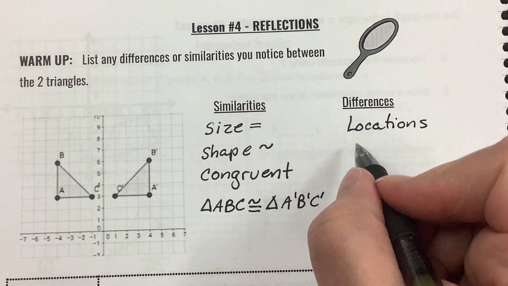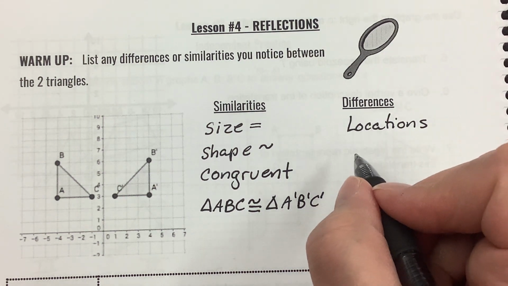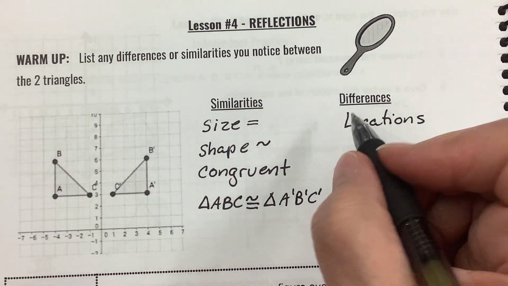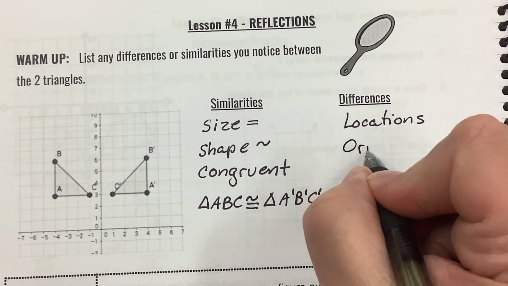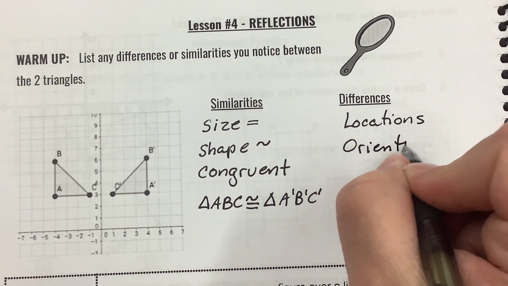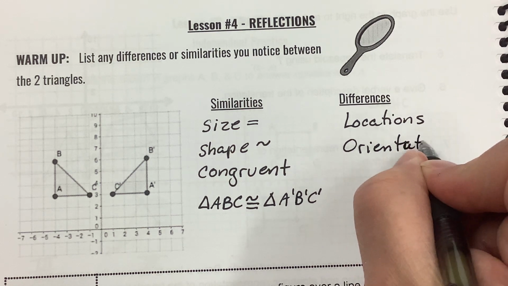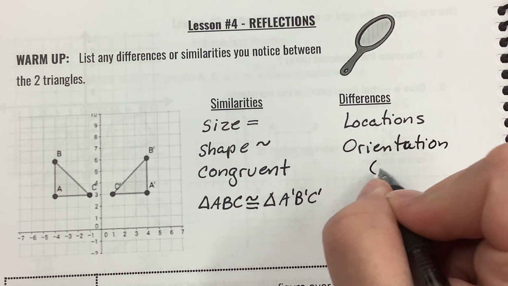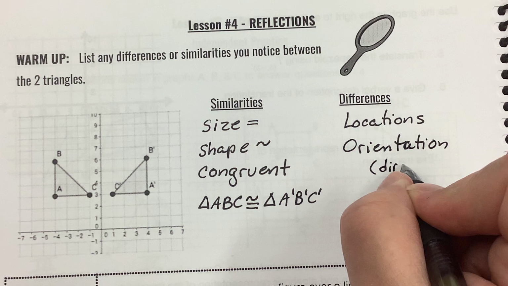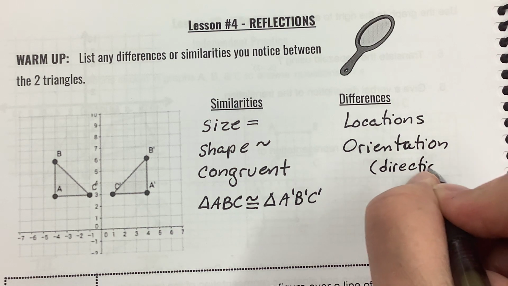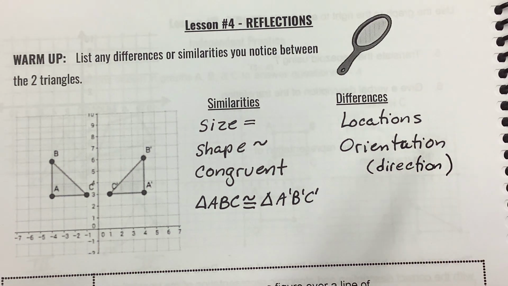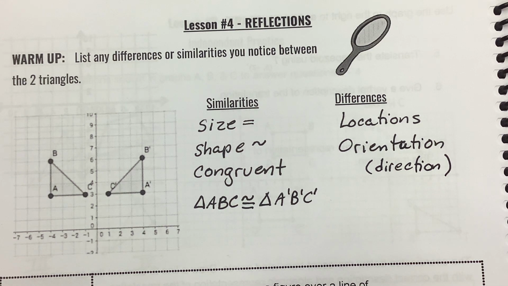So orientation has changed. Orientation is kind of a fancy way of saying direction, so we're just going to write that. All right, so the location is different, the orientation is different, but the size and shape are the same.